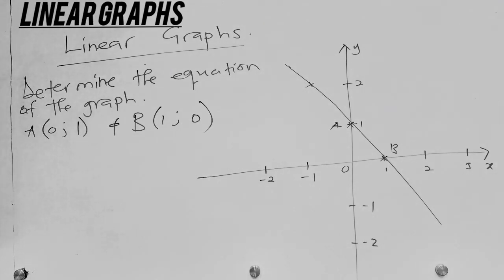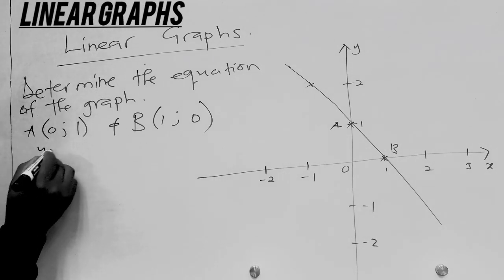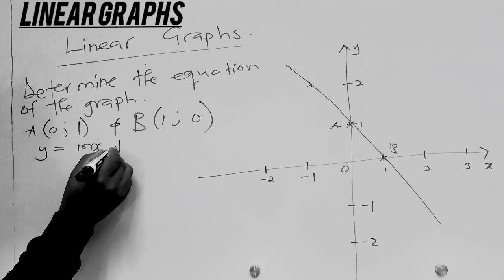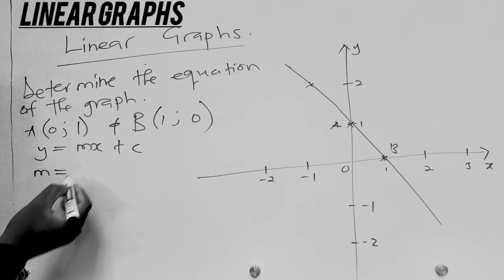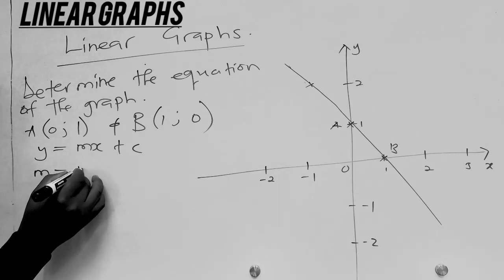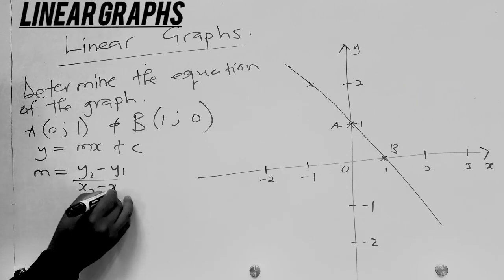So the first thing when determining the equation of a linear graph is to find the gradient, which is the value of m. Remember we said this one is in the form y is equal to mx plus c. To find the gradient, m is change in y over change in x, which is y2 minus y1 over x2 minus x1.